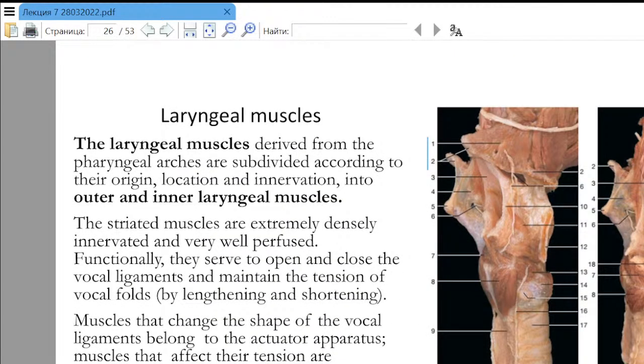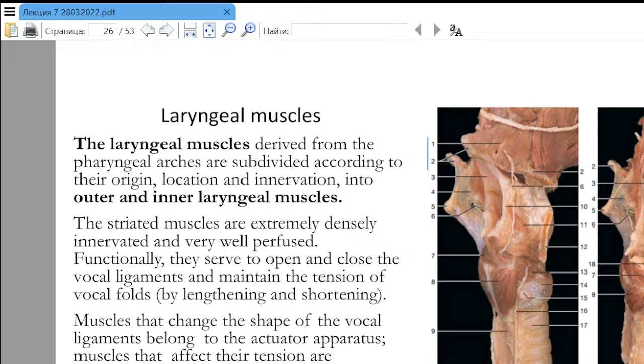Laryngeal muscles. Laryngeal muscles derive from the pharyngeal arches and are subdivided according to their origin, location, and innervation into outer and inner laryngeal muscles. The striated muscles are extremely densely innervated and very well perfused.